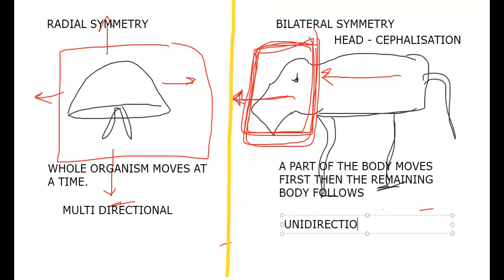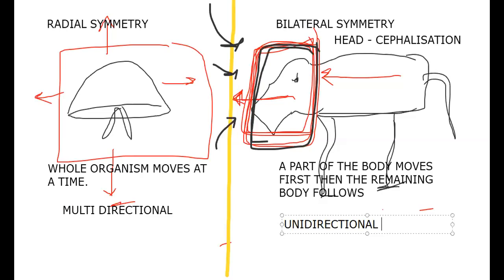What is the advantage? Cephalization. The head is the part moving forward among all the body parts, so it has to take decisions. When a predator comes, and we have to escape from that area, the head should take the decisions.